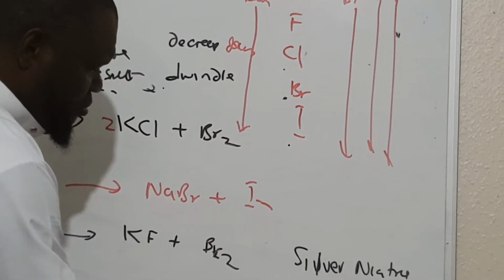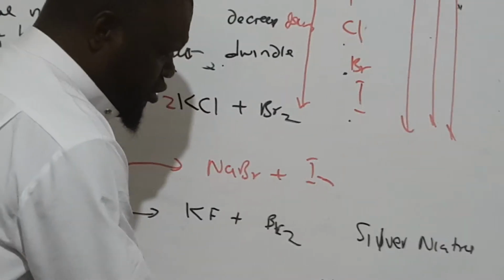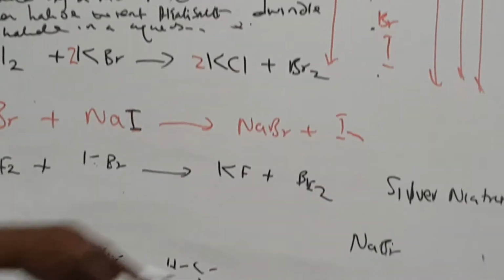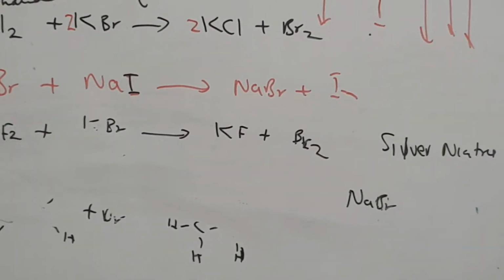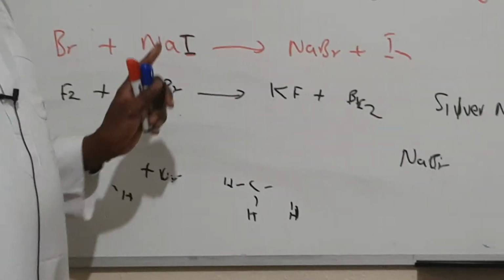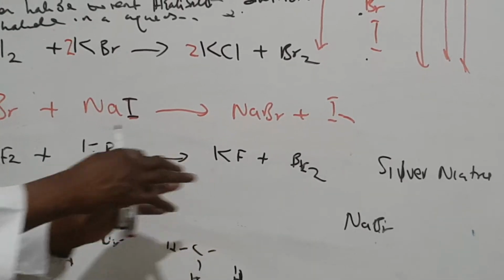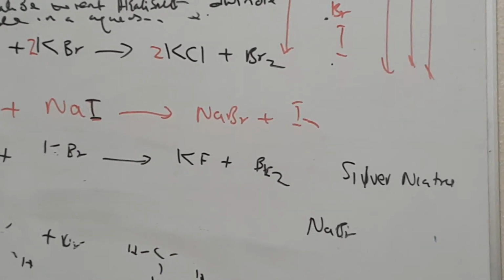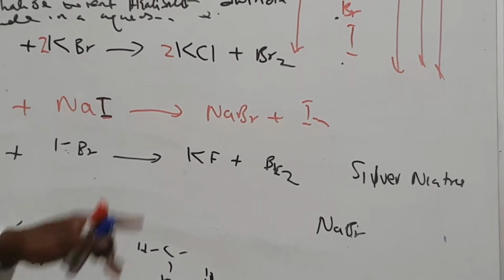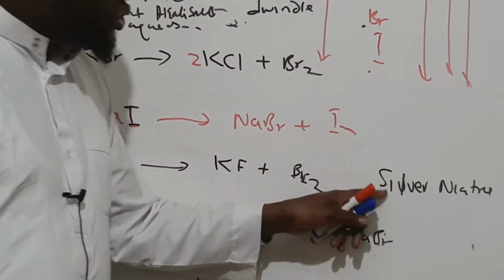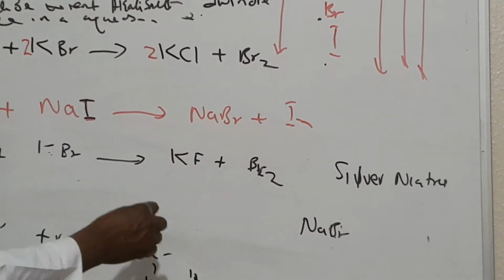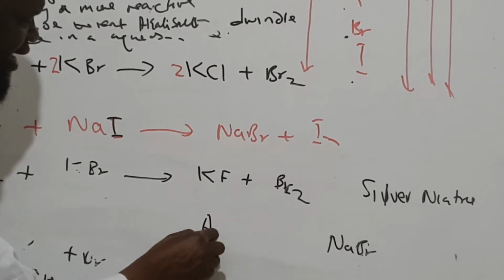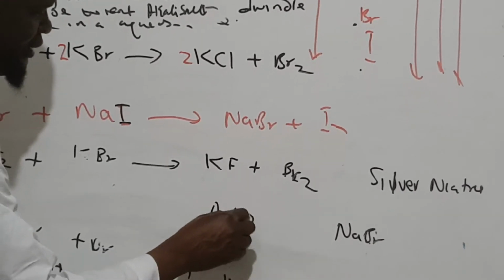If there is sodium bromide in a compound, we are going to do this because it is in the syllabus. I can show you here in the syllabus book. Test for halides: how do you identify that the solution you have contains halides? If you add silver nitrate, which is Ag nitrate.